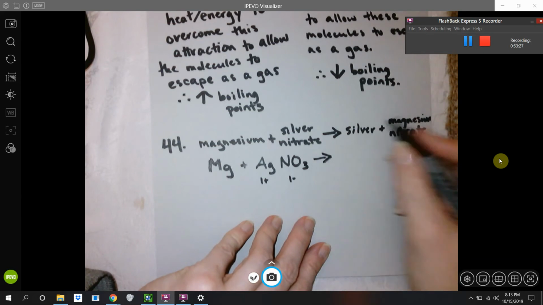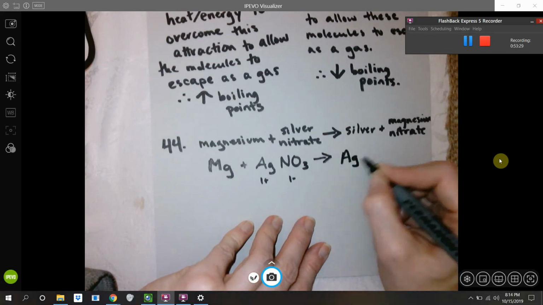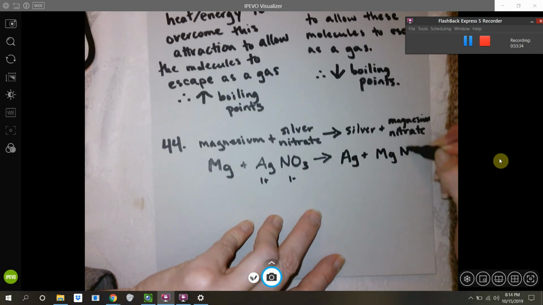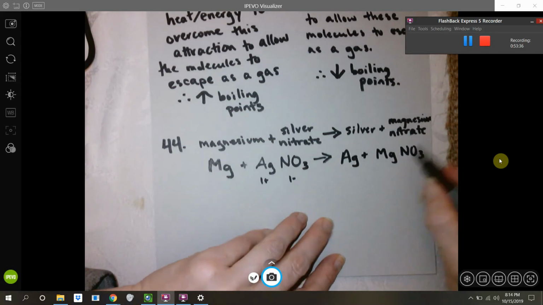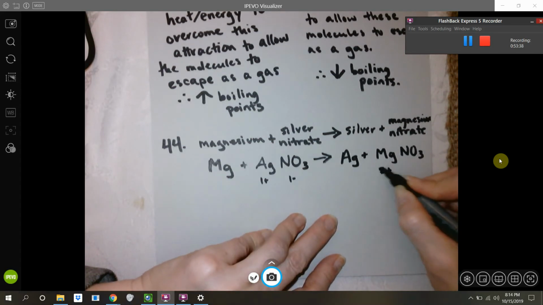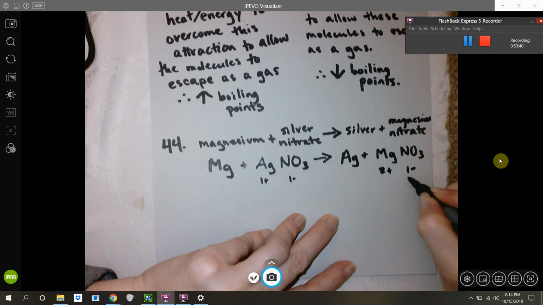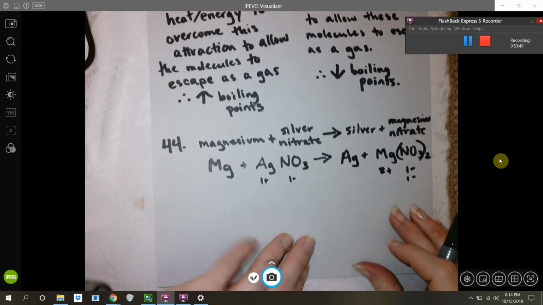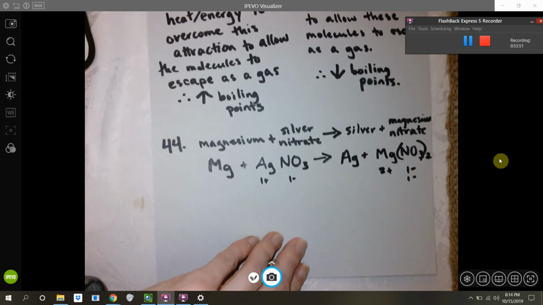Then we have silver, Ag, all by itself, and magnesium, Mg, with the nitrate, NO3. Magnesium is 2 plus, where nitrate is 1 minus, so we'll need 2 nitrates to balance that out. Now we have our skeleton equation. We need to add some coefficients, balance the overall equation.